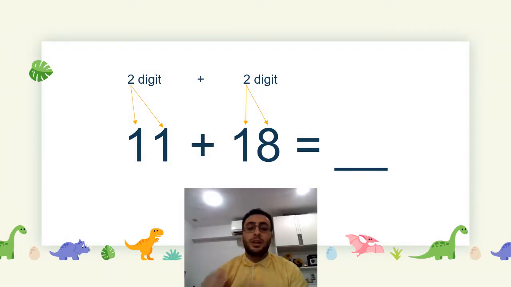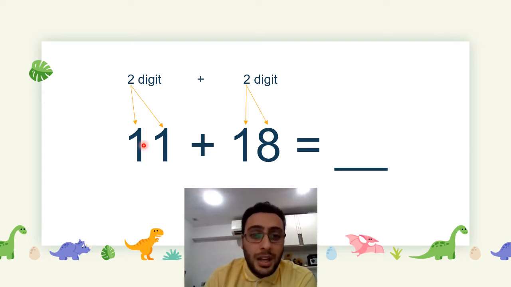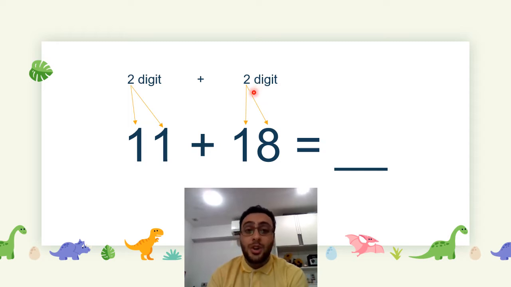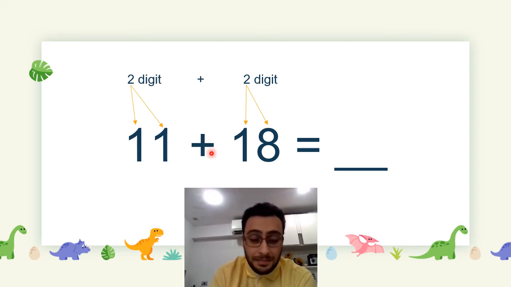Okay, so let's start with this number. 11. Yes, it's made of 2 digits, plus 18, also made of 2 digits. So now we have two 2-digit numbers that we have to add together. We have to plus them. So let's read it one more time, okay?